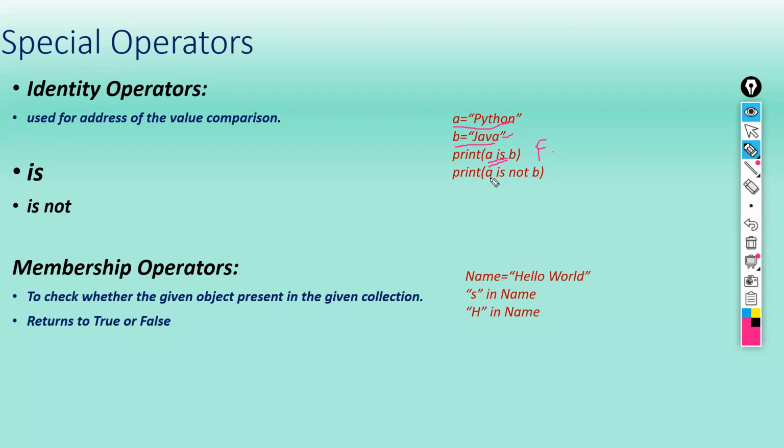Second one is print A is not B. Yes, that's what we are saying. A is Python, B is Java, and both are not the same. So A is not B gives true. This is about the identity operators.